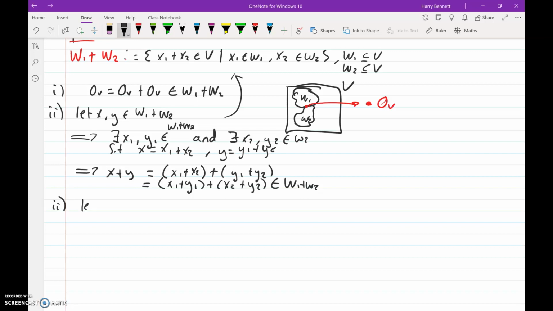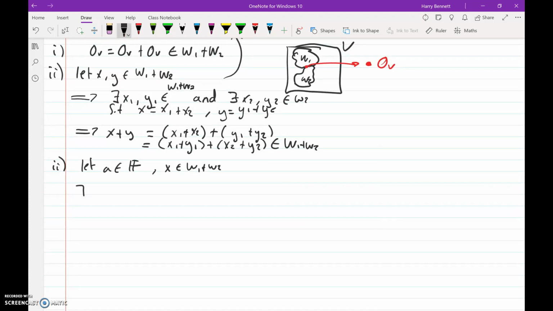Then finally we'll take our final example. Let a be in F, our field over the vector space, and let x be in W1 plus W2. We know that there exists an x1 in W1 and an x2 in W2 such that x is equal to x1 plus x2, since x is in the sum.